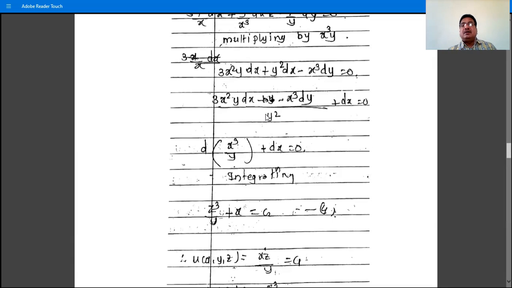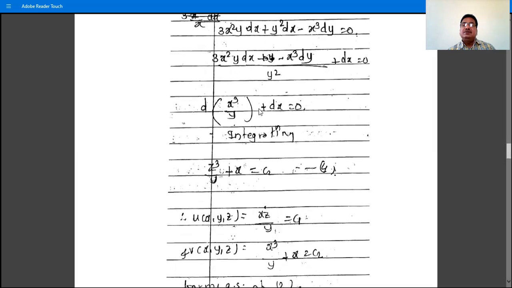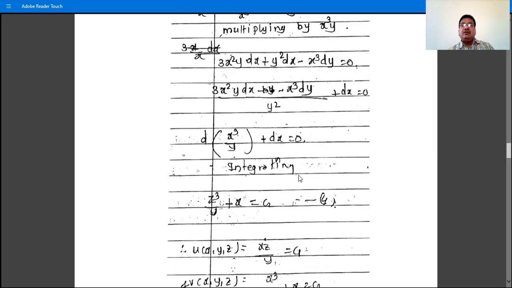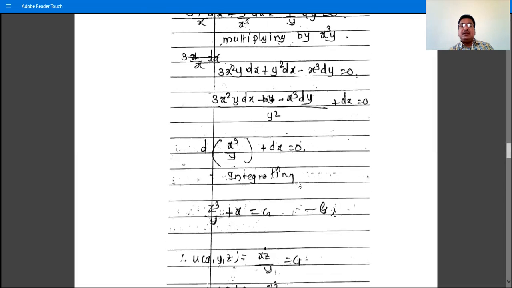So, that is the derivative of x cube by y, and plus dx is equal to 0. So integrating, we have x cube by y plus x is equal to c2. This is equation number 4. So we have the two linearly independent solutions 3 and 4.